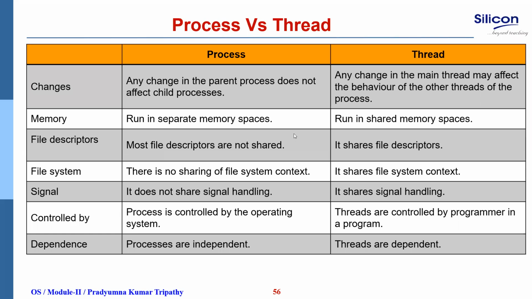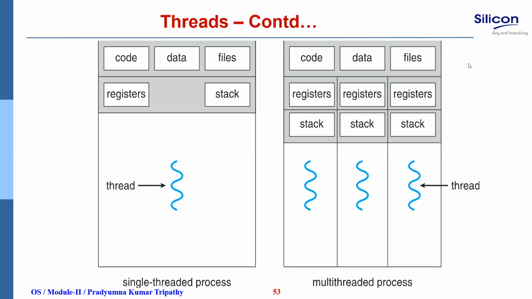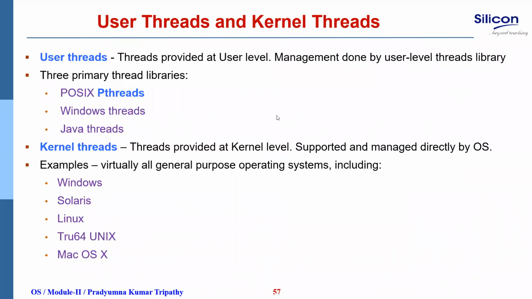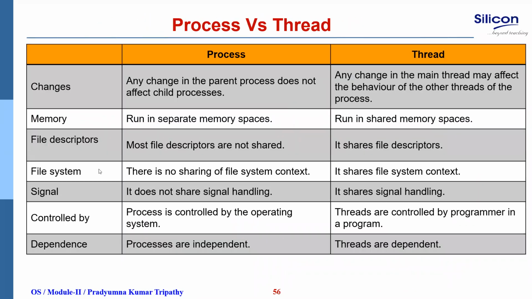If you remember this diagram, they are sharing the files, they are sharing the program, meaning code, and they are sharing the data. These three are common. Even the signals are shared. So the file descriptors, memory, and file system are shared in the case of threads, and separate in the case of processes. Similarly, processes don't share signal handling, but threads share the signal handling.